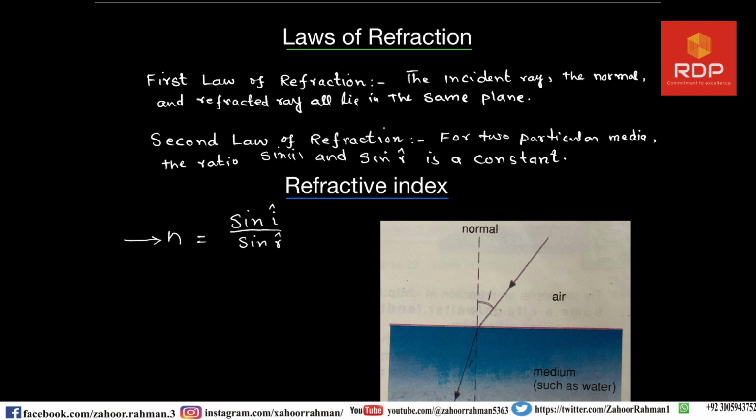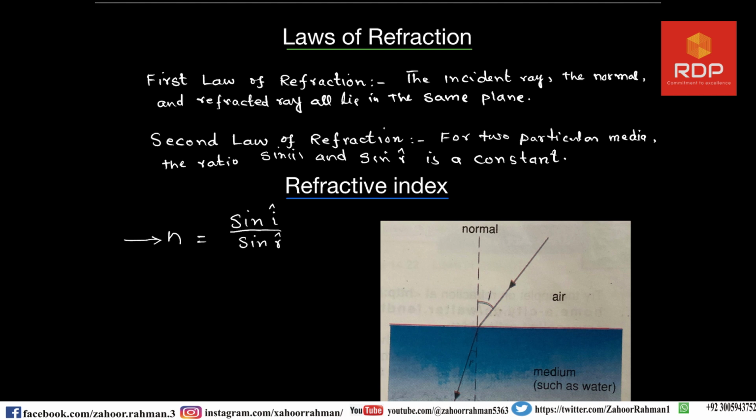Let me also tell you, dear learners, the greater the value of the refractive index n of a medium, the greater the bending of light when it passes from air into that medium.